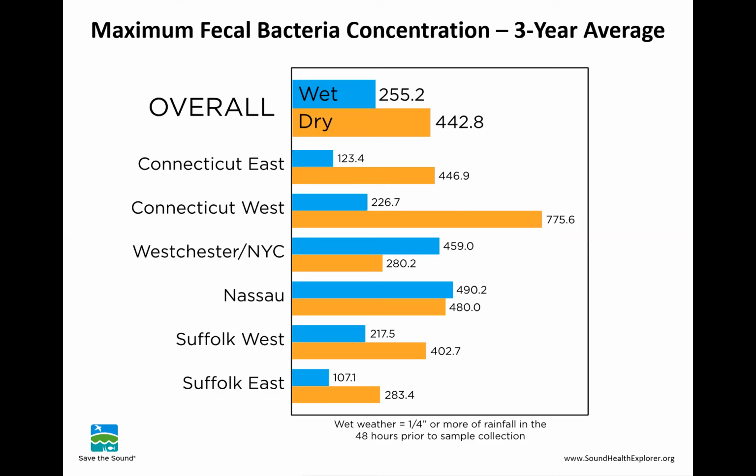There also could be beaches and wildlife contaminating these locations in dry weather, but it really was a surprise. And also, Western Connecticut, you can see some really big dry weather failure numbers there. So this is something that now that we've done this analysis, we'll be looking at more and trying to get some better understanding about these dry weather failures.